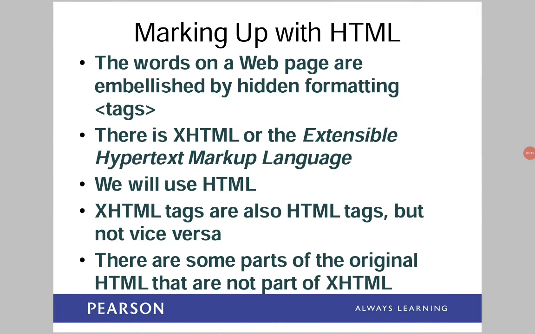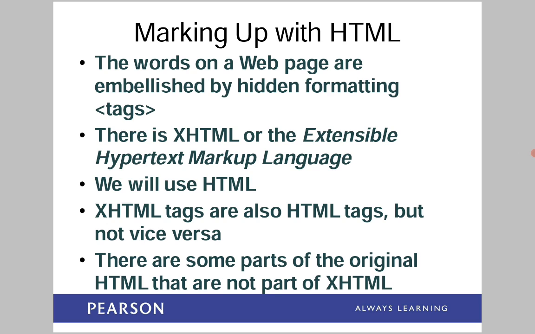So, marking up with HTML. What is HTML markup language? The words on the web page are embedded with hidden formatting tags. Generally in HTML we use some commands or instructions. They are called HTML tags.